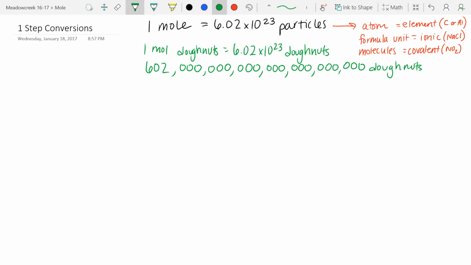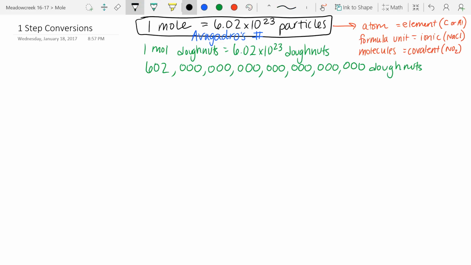Okay, so we've got our conversion factor here. 1 mole is equal to 6.02 times 10 to the 23 particles. Now, that number has a special name, and that name is Avogadro's number. The reason it's called Avogadro's number is because this Italian scientist, whose last name was Avogadro, is the one who determined how many particles there were in a mole.